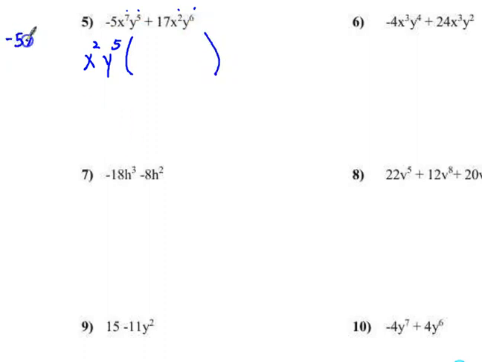Negative 5x7y5 over x2y5. This becomes negative 5 because negative 5 divided by 1 is negative 5. 7 minus 2 is 5. Oh, these cancel. I'm left with just negative 5x to the 5th.